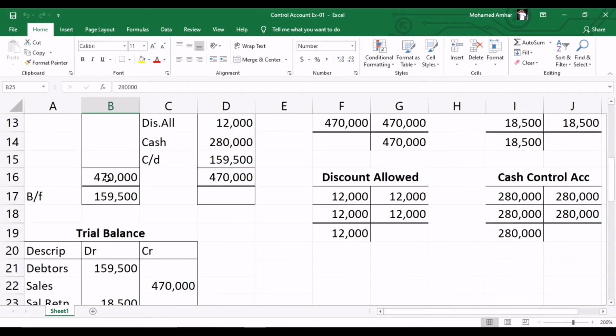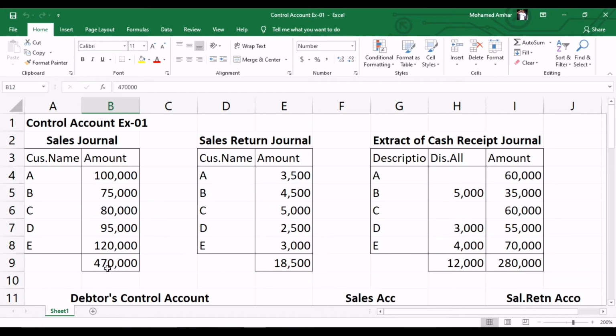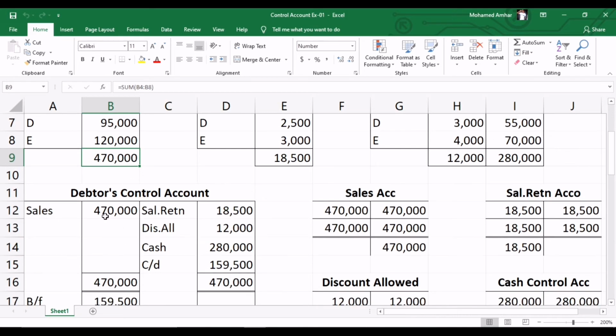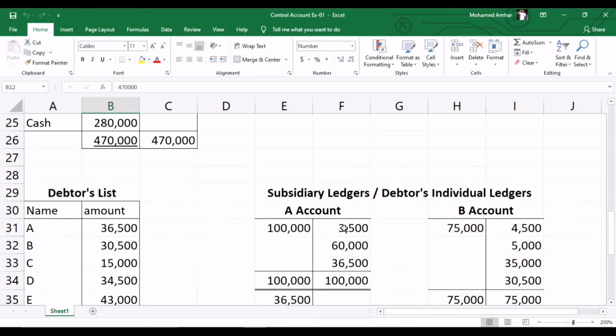So if you prepare the individual accounts, this total sales of 470,000 should be debited to the A, B, C, D and E individual accounts. Here we have debited it totally. In the individual accounts you have to debit one by one.